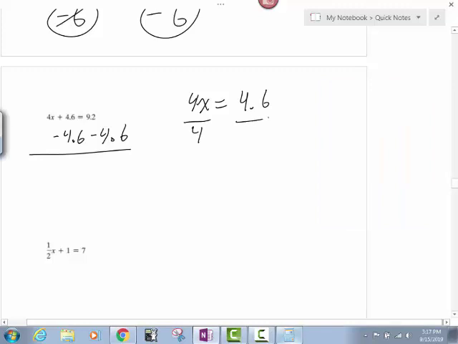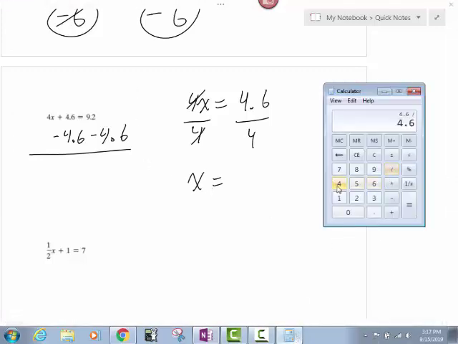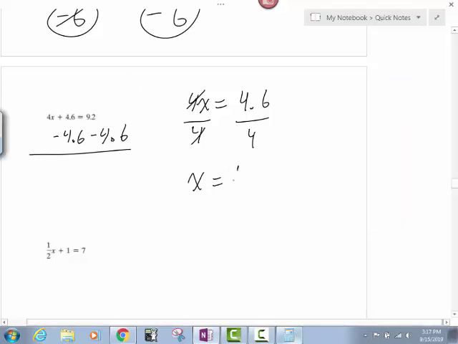And the last step we need to do is divide both sides by the number 4. So again, if I take my calculator and divide that number by 4, 1.15. There we go.